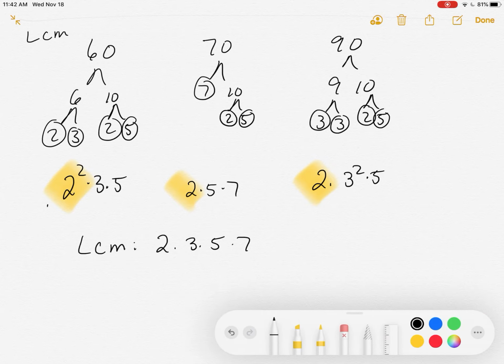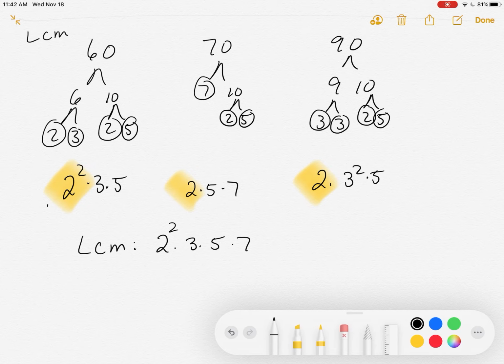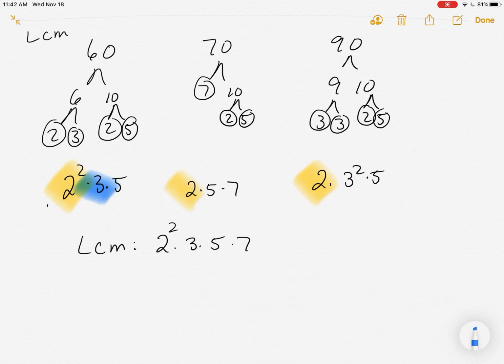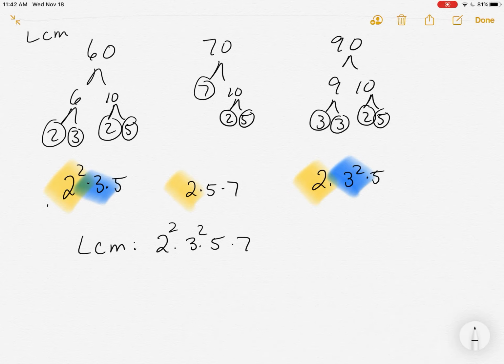I need to choose two 2's. My choices for 3 are one 3, no 3's, or two 3's. I need to choose two 3's. My choices for 5 are one 5, one 5, one 5. One 5 is sufficient, and one 7 is sufficient.